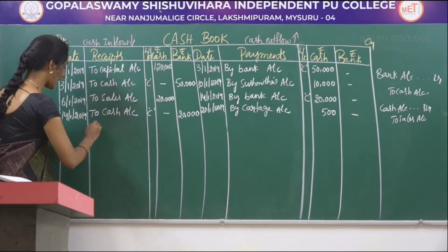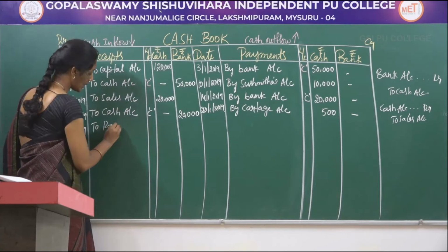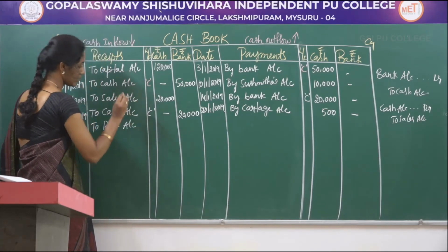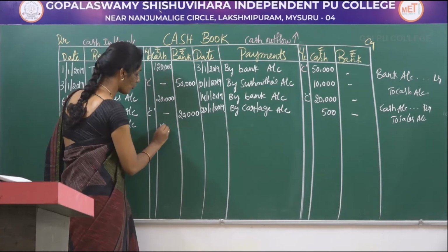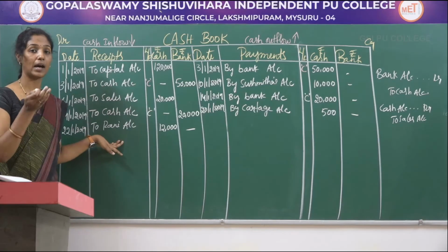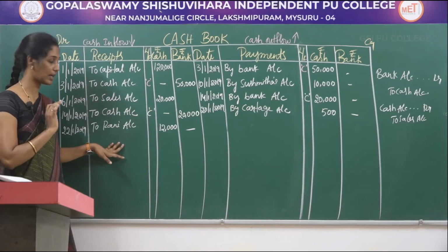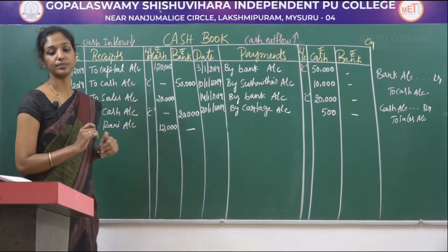So to Rani account as on 22/1/2019, enter the amount in the cash column of rupees 12,000. Received cash from Rani, so to Rani account cash column 12,000.